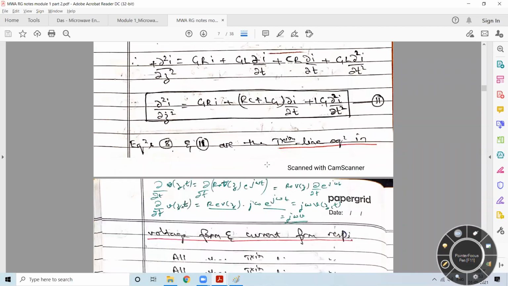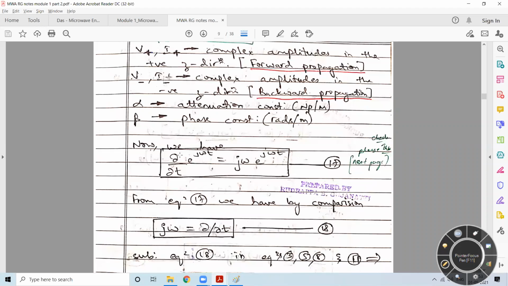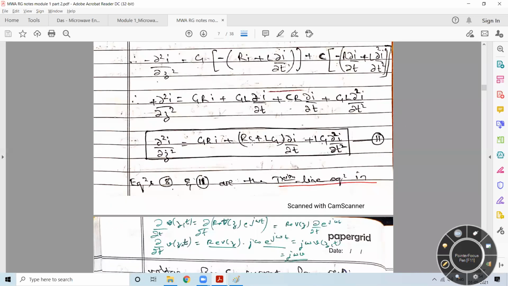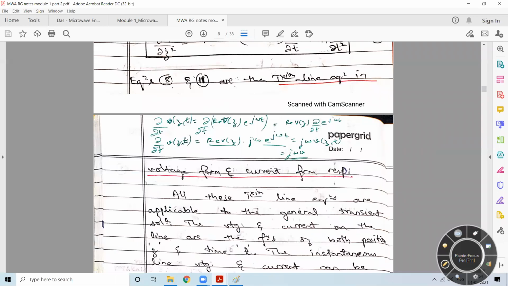If you take another differentiation, dou square by dou t square of e raised to j omega t, it will be j omega into j omega e raised to j omega t, so j omega square into e raised to j omega t. This will be utilized in solving the transmission line equations.